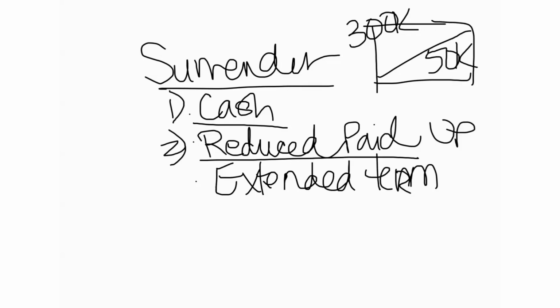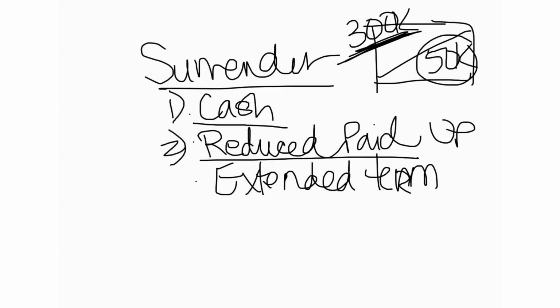So reduced paid up means instead of taking the 50,000 in cash, I buy a term policy with a reduced face amount, but it's paid up for a certain amount of time that I wanted. So let's say I needed it for 10 more years or 18 more years until my children are grown or until my mortgage is paid off or whatever the purpose of that life insurance was.